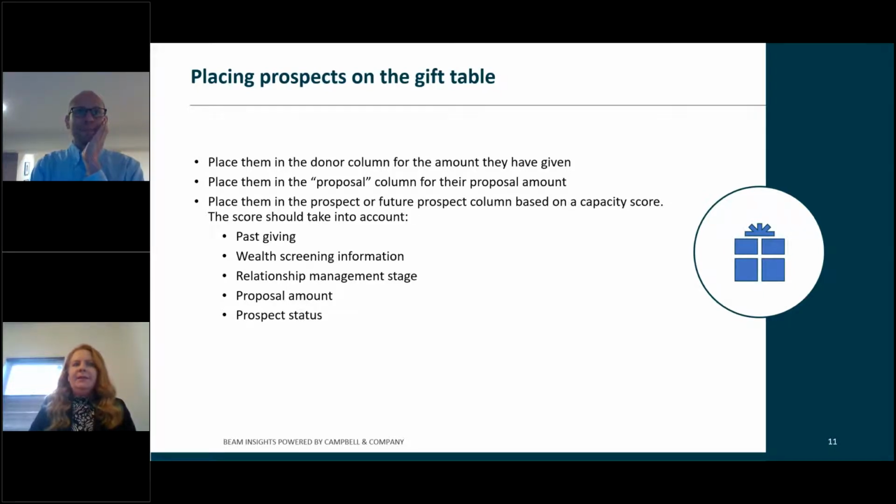So you want to place them in donor columns when they have given for the amount that they've given. Place them in the proposal or opportunity column for the proposal amount. So you could do this two ways: for the expected amount, which would be a more conservative calculation on the gift table, or for the ask amount. So you could do that in two ways based on the culture of your team. And then you can also place the prospect and future prospect, as we had mentioned, based on their capacity score.